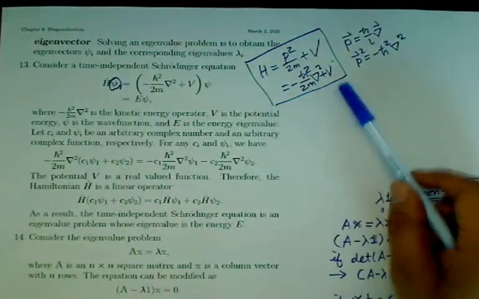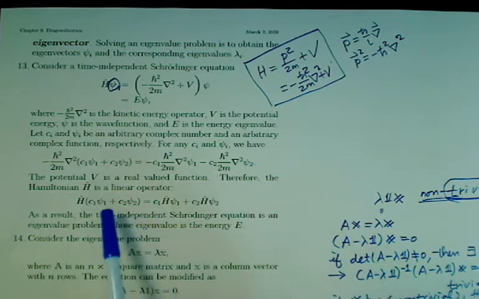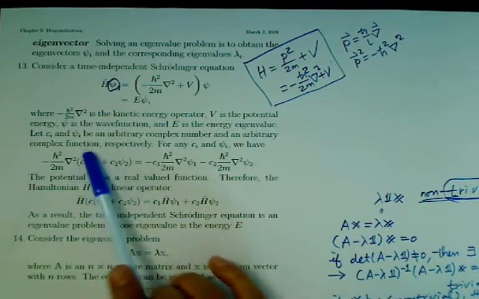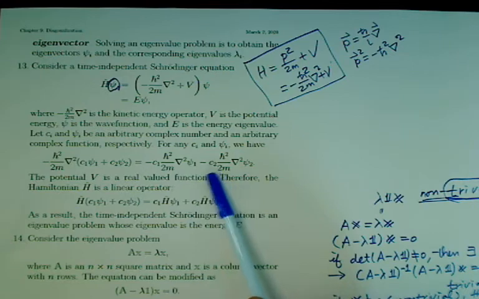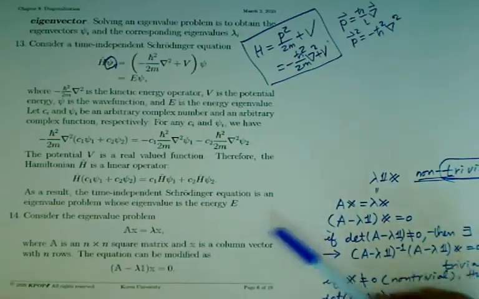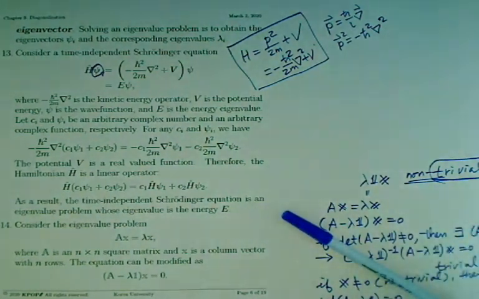This Schrödinger equation is a linear second order differential equation. Because the derivative operators are linear, this is a linear operator. And this relation gives the solution for the eigenvalue problem. That is, the eigenvectors construct the basis of the Hilbert space of the system.